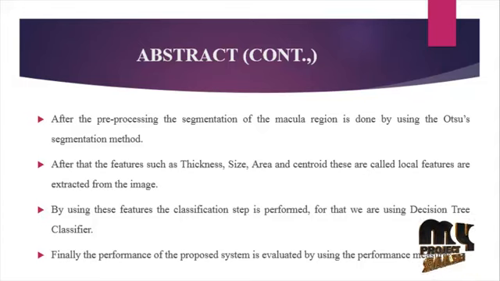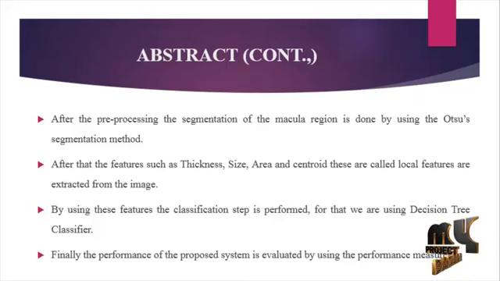After that, the features such as thickness, size, area and centroid, which are called local features, are extracted from the image. By using these features, the classification step is performed. Here we use decision tree classifier for classification.